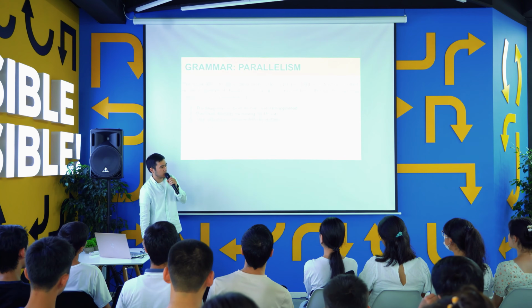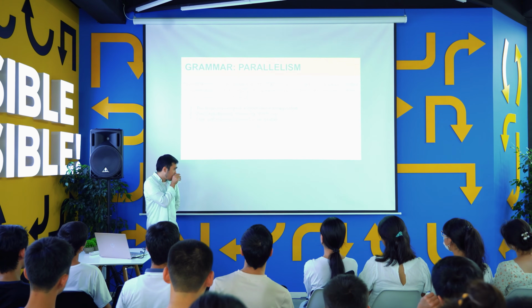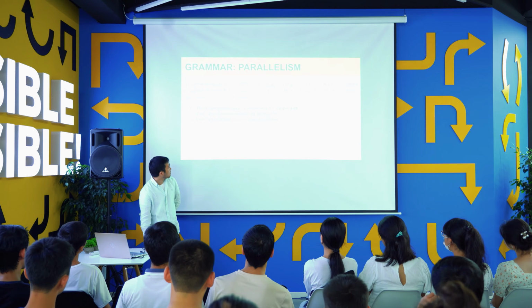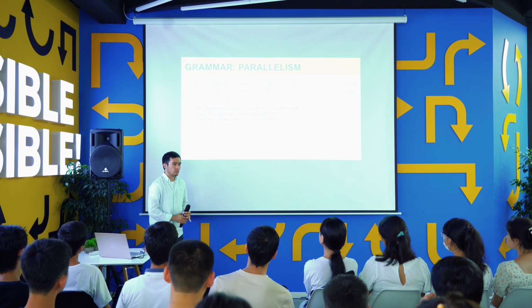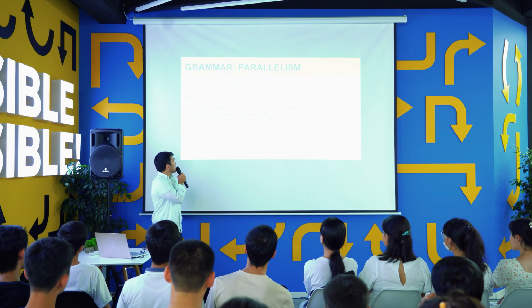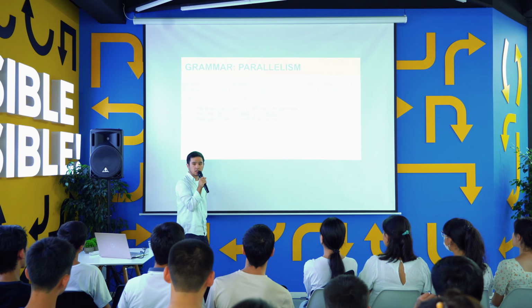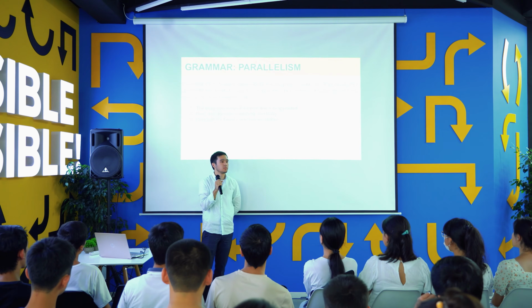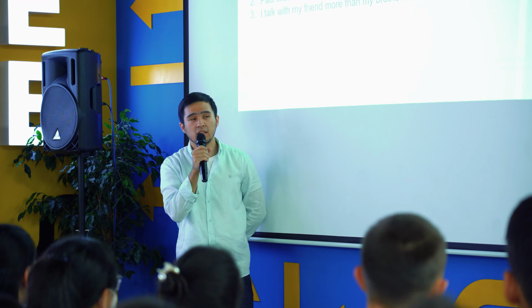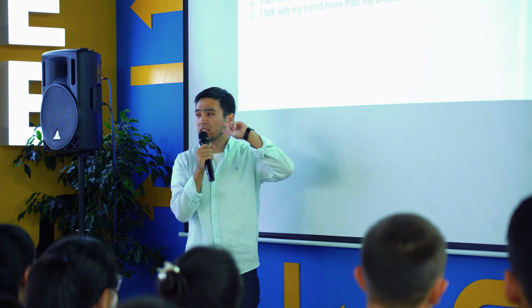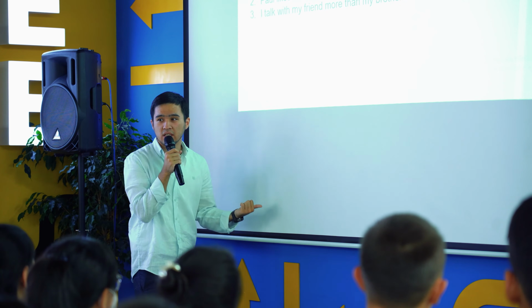Okay, let's see the other mistake. This is more difficult here. I talk with my friend more than my brother. Now, what's wrong with this sentence actually? It has two meanings. Why?